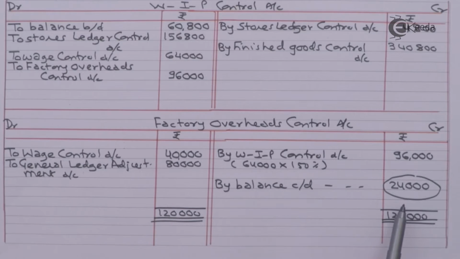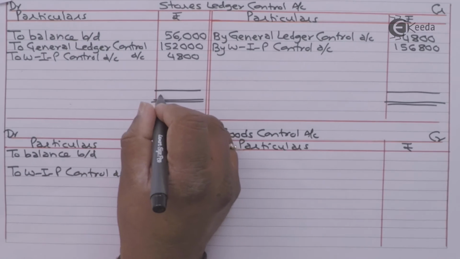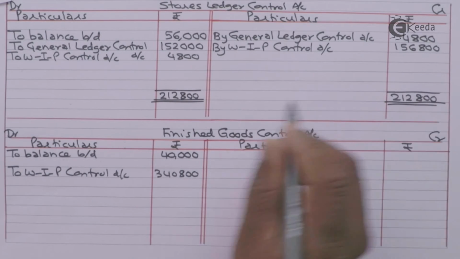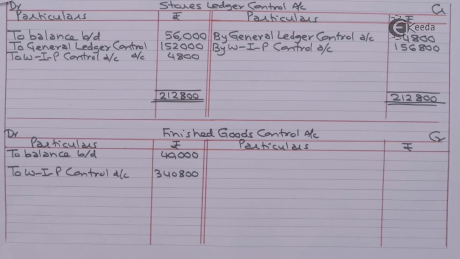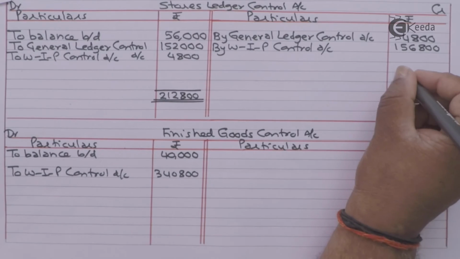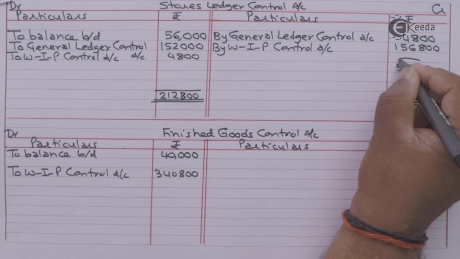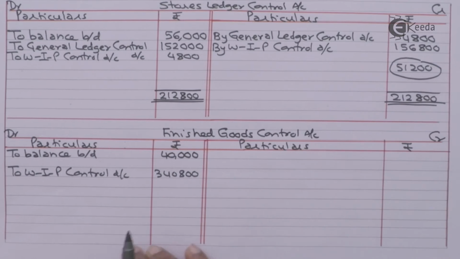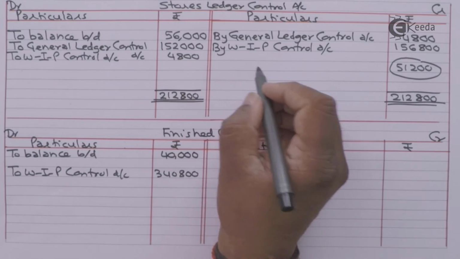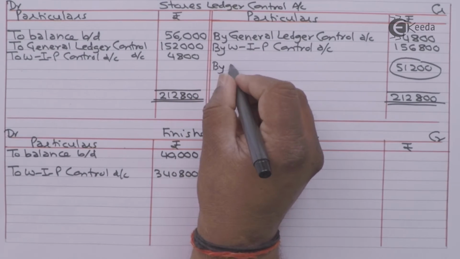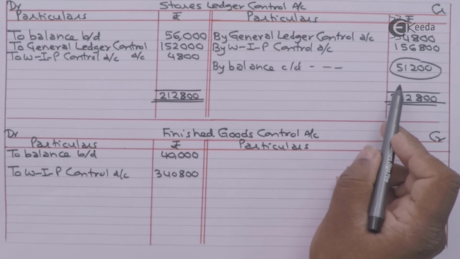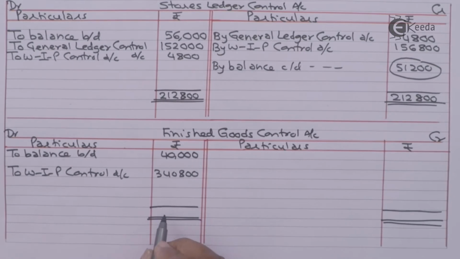Therefore, this balance will be carried forward to next month. 51,200 is a closing stock of stores. This will be transferred to trial balance.